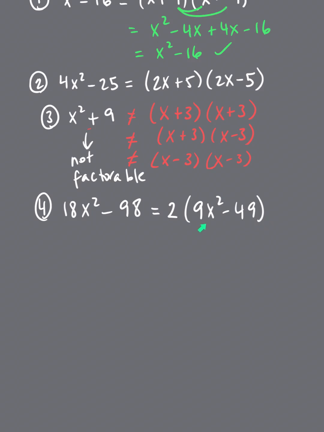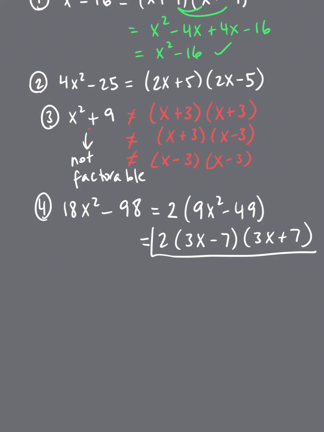This is a square of 3x, and this is a square of 7. When you're factoring, you have to make sure that you factor completely, so factor everything that you can. And so you can put 3x minus 7 and 3x plus 7. Again, the order does not matter, and this is fully factored.